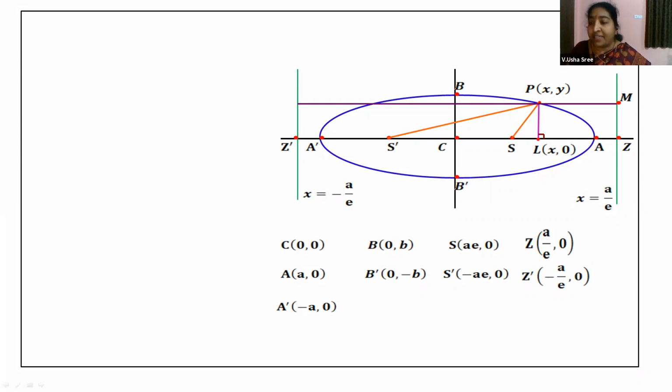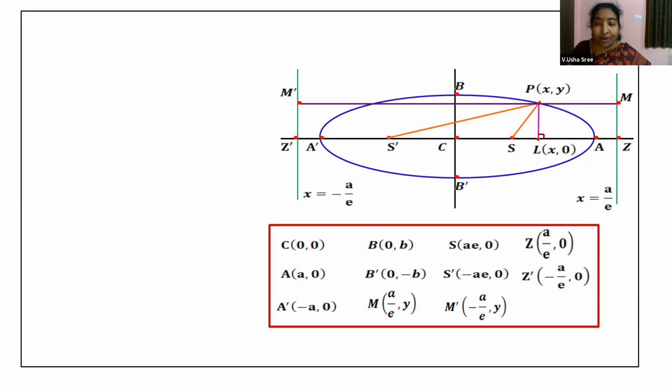Now, what will be the coordinates of M? The value of x at this point will be a by e. And of course, whatever y coordinate you have for P, the same you will take for point M. So the coordinates of M will be (a/e, y). And likewise, M dash will be taken as (-a/e, y).